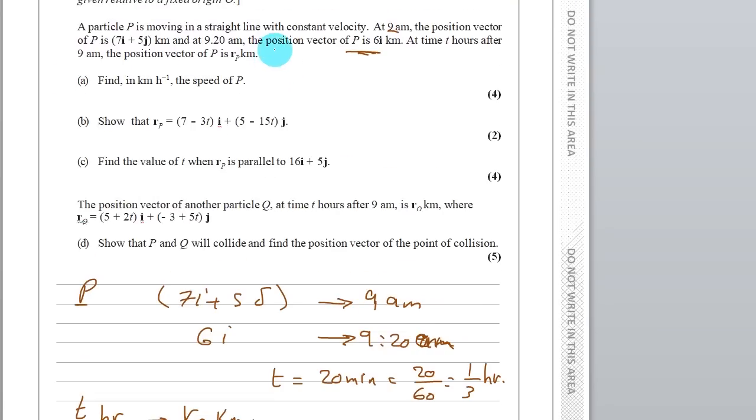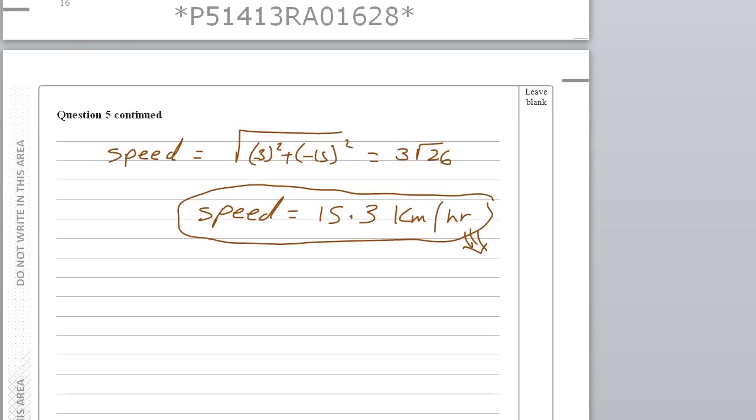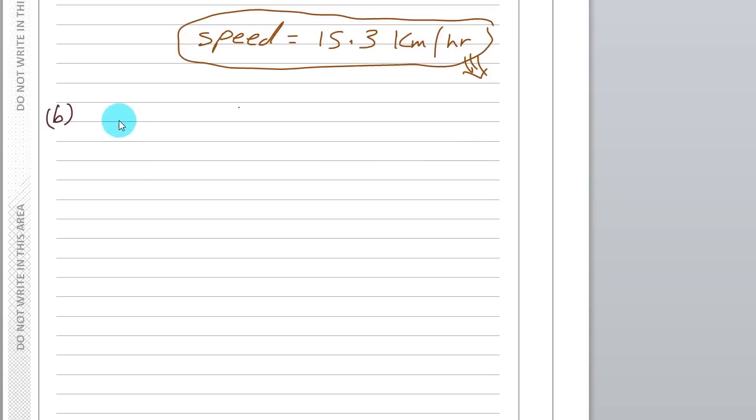Find the value of t here. Show that RB is equal to 7 minus 3t i plus 5 minus 15t j. So let us start this question.